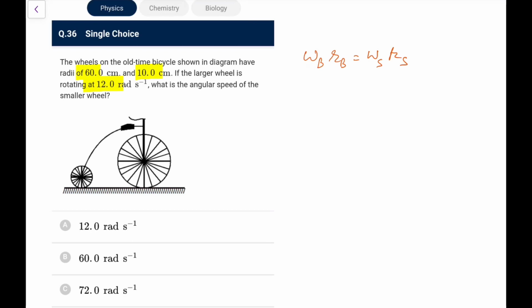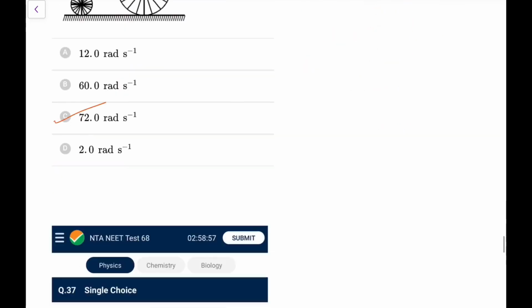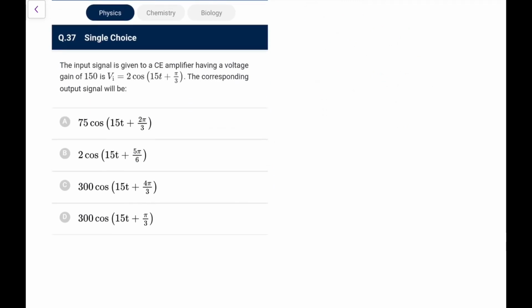Omega big is 12, radius is 60, small one is 10, so omega of the smaller one will be 12 into 6, that is 72 radian per second. The smaller one has to turn faster. The diagram was good, but the question is quite easy if you understand it.